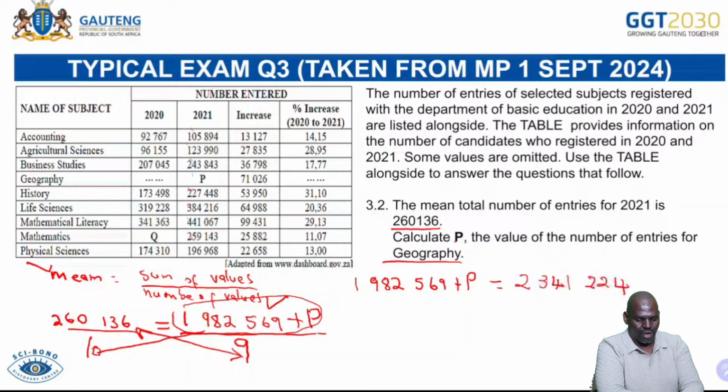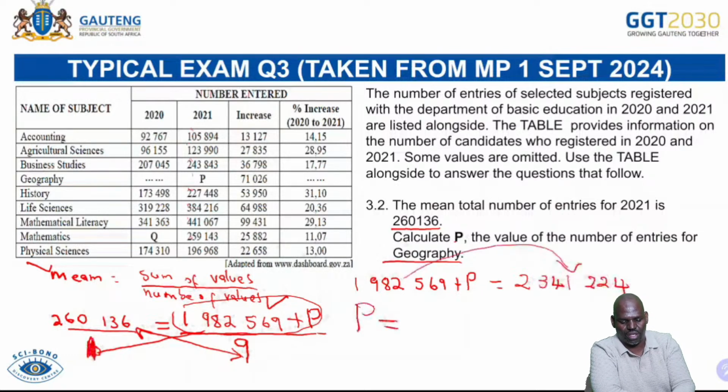Okay, I took this that is on the right hand side, I multiply with what is on the bottom. This must be over 1, so I'm getting the same thing. Then I take 9, I multiply by 260,136, I get 2,341,224.